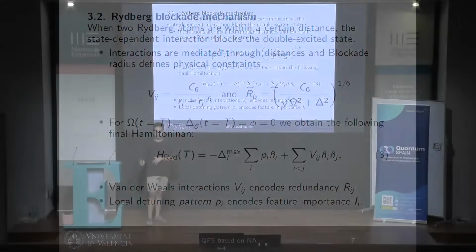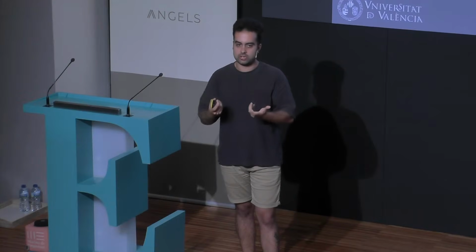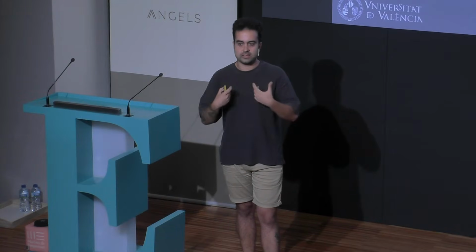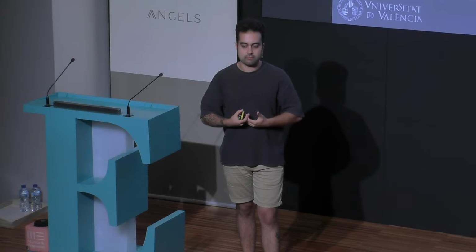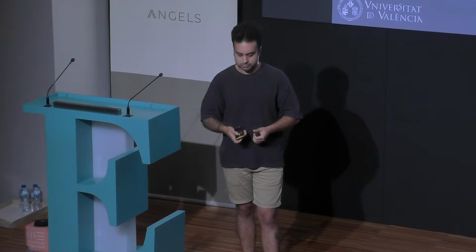We can take advantage of this and make an analogy with the redundancy term. This automatically leads us to a configuration in which two features or atoms that are very close, or very redundant, are not activated at the same time. That's the way we can find this less redundant combination of atoms.